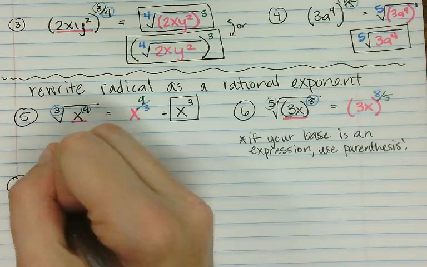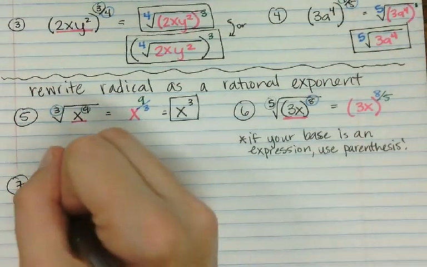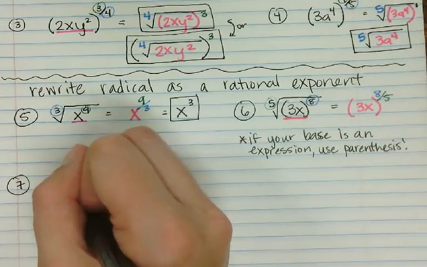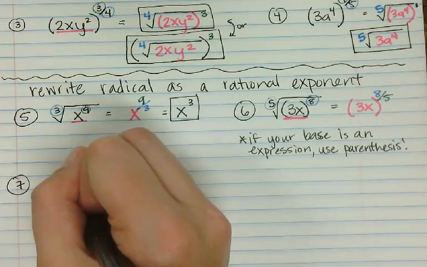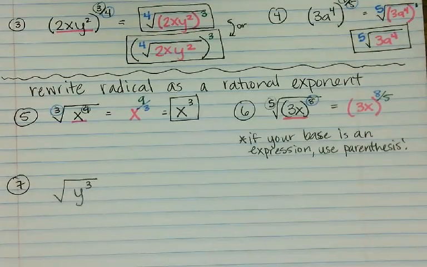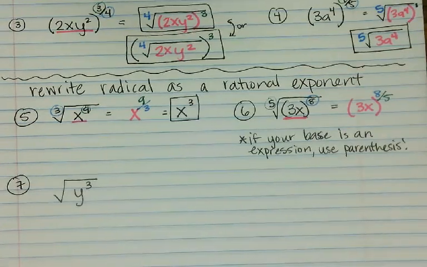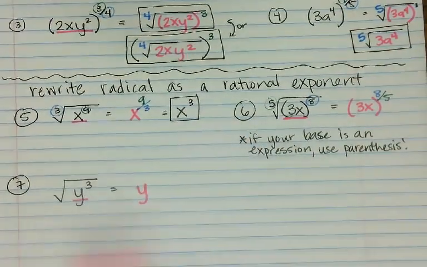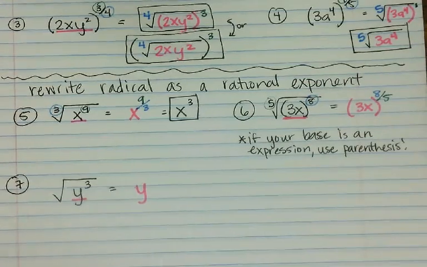So here we go. If we see something like this, where we see the square root of, let's say, y to the 3rd power. So guys, how would we write this one? What is my base in this case, y'all? Just the y. I don't really need parentheses because it's not an expression. It's not more than one variable, or more than a variable and a number. So we have that little y right there.